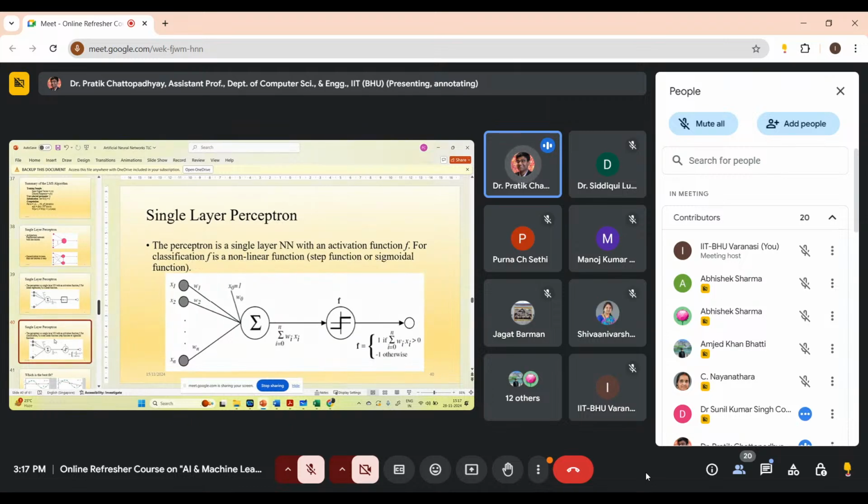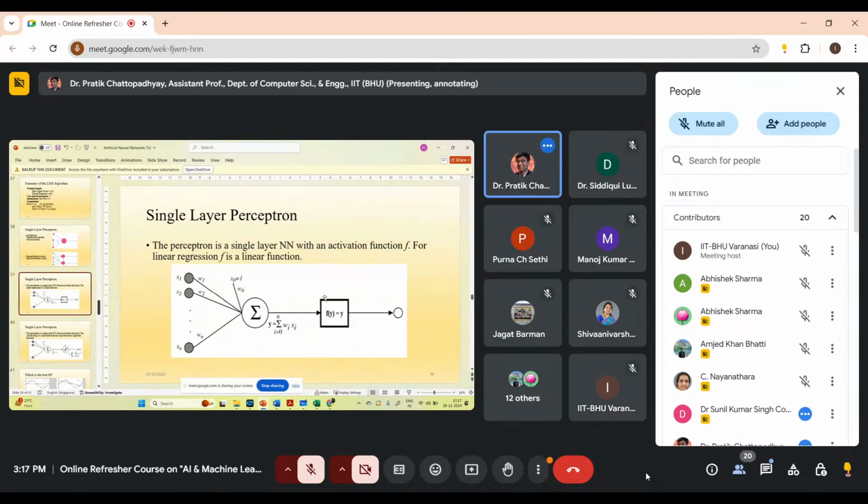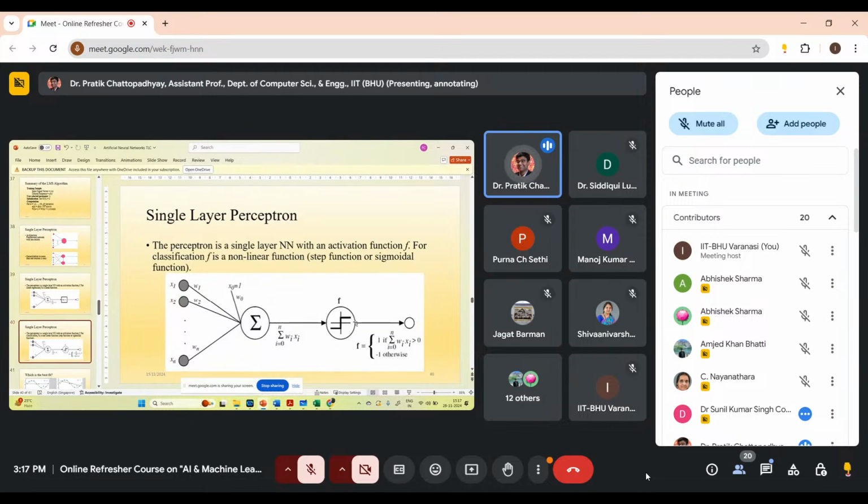This is how we can solve the same problem. If we use a linear function, we are thinking of a linear regression problem. If we use a step function, this becomes a classification problem.